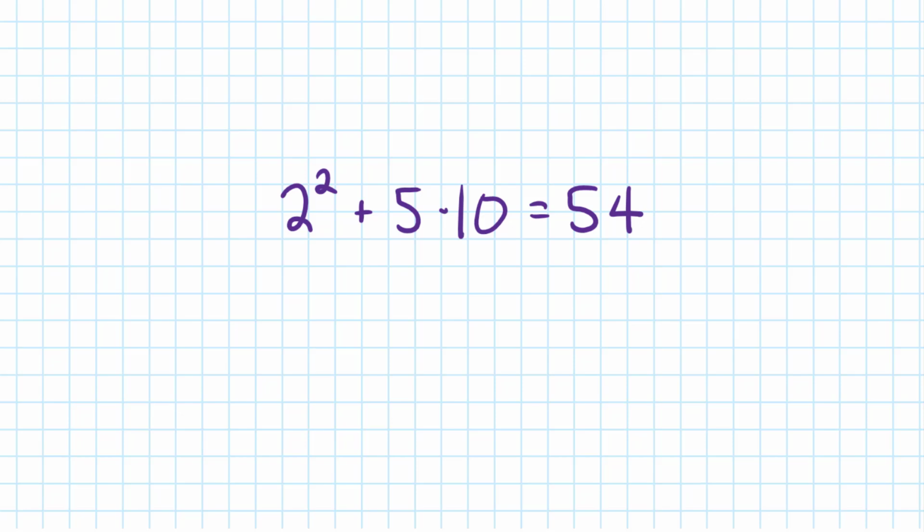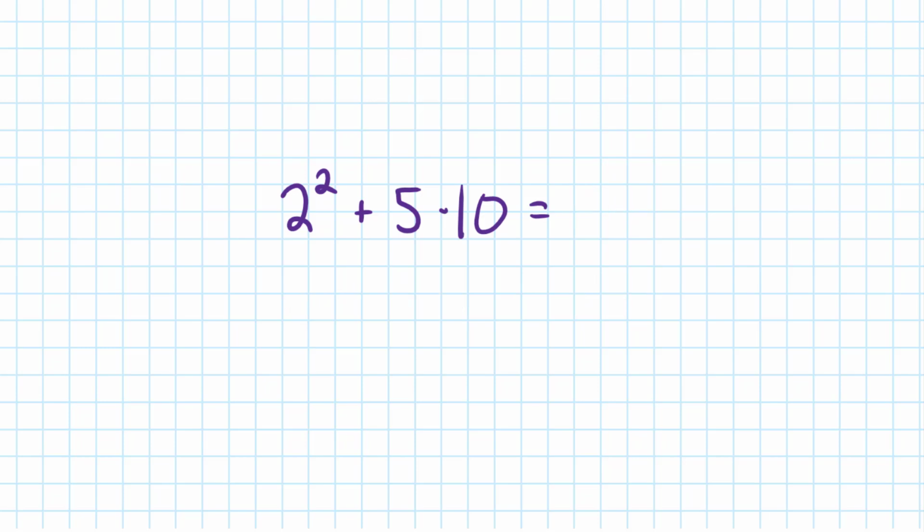So 2 squared is 4. After that, we always do multiplication and division. So 5 times 10, that's 50. And the last thing that we would do then is the addition and the subtraction, and that's how we got to the 54.